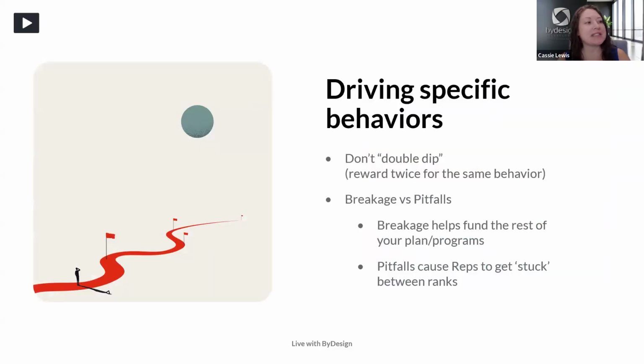Secondly, driving specific behaviors. Your comp plan should, every single payout should correlate to a specific behavior that you want to drive. And make sure that you're not double dipping. I have seen many comp plans, both old and new, where 2 or 3 bonuses are being paid out for the same behavior.